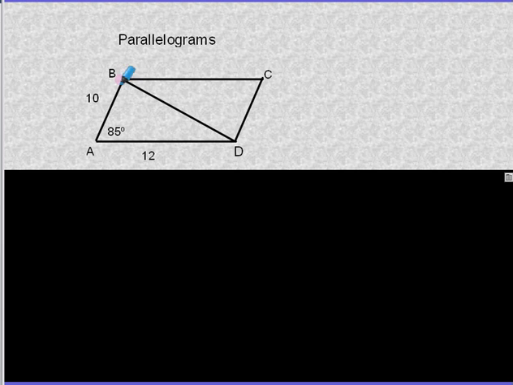If you know a certain amount of information, in this case we have side angle side, which is exactly what we need for law of cosines. So remember, to find the diagonal, which is going to be basically side A for us, it's going to be a squared is equal to 10 squared plus 12 squared minus 10 times 12 times the cosine of 85 degrees.